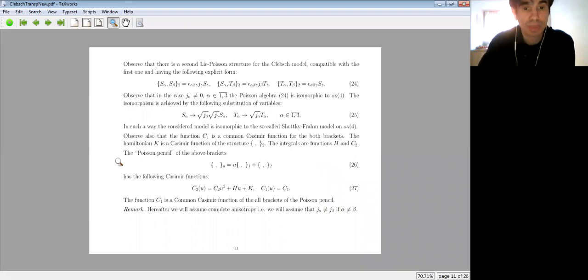So the Poisson pencil of the above brackets, given by formula 26, possesses the following Casimir functions: C2 of U, organized as follows, and C1 of U, which is simply C1, a common Casimir of all structures in the Poisson pencil. Let me mention also that we are interested in the completely anisotropic case, when all parameters of anisotropy are not equal.